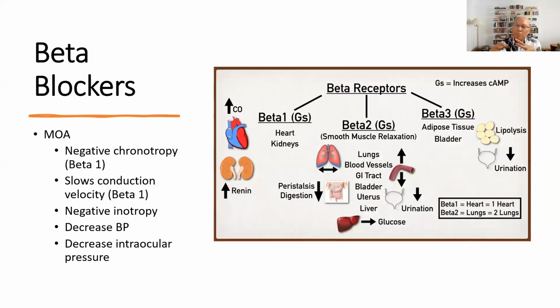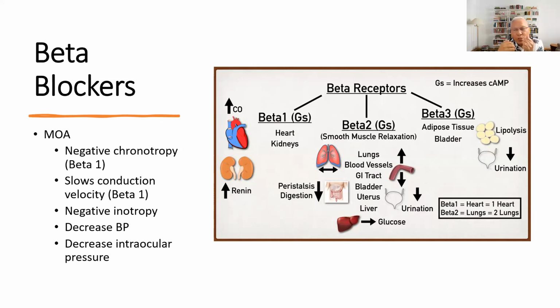All right, so what's the mode of action or the mechanism of action of beta blockers and how they affect the body? So again, they block sympathetic nervous system stimulation. So when you block sympathetic nervous system stimulation, you're actually, in essence, blocking the entry of norepinephrine into alpha, beta, and dopaminergic receptors.